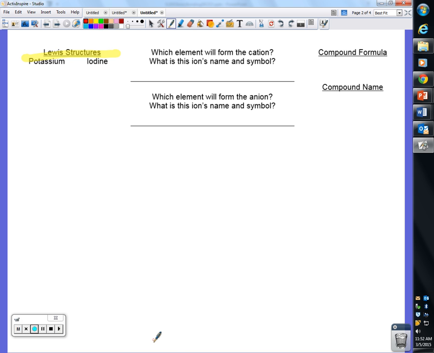Valence electrons. So first you have to find potassium and iodine on your periodic table. All right. Have we found potassium and iodine on the periodic table? Potassium, what group is it in? Group 1, and that means how many valence electrons does it have? 1. So, its Lewis structure looks like that.